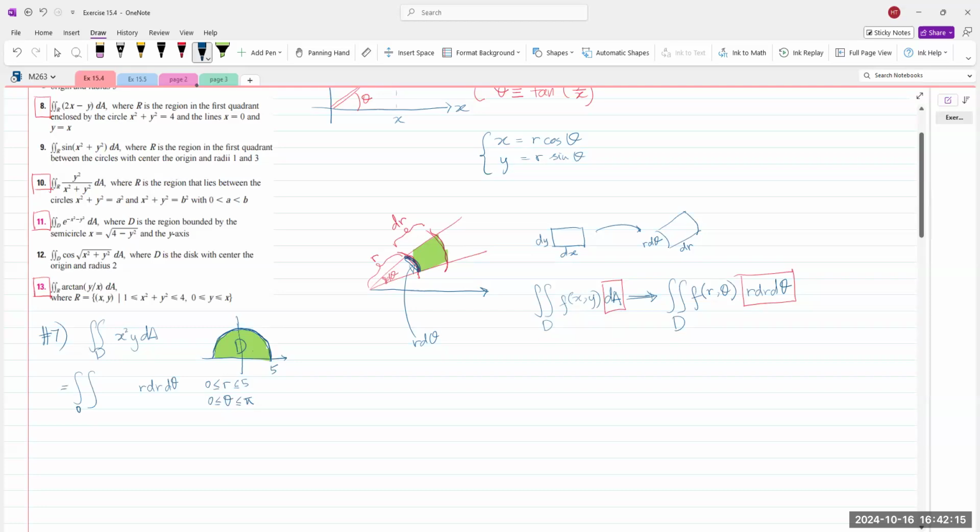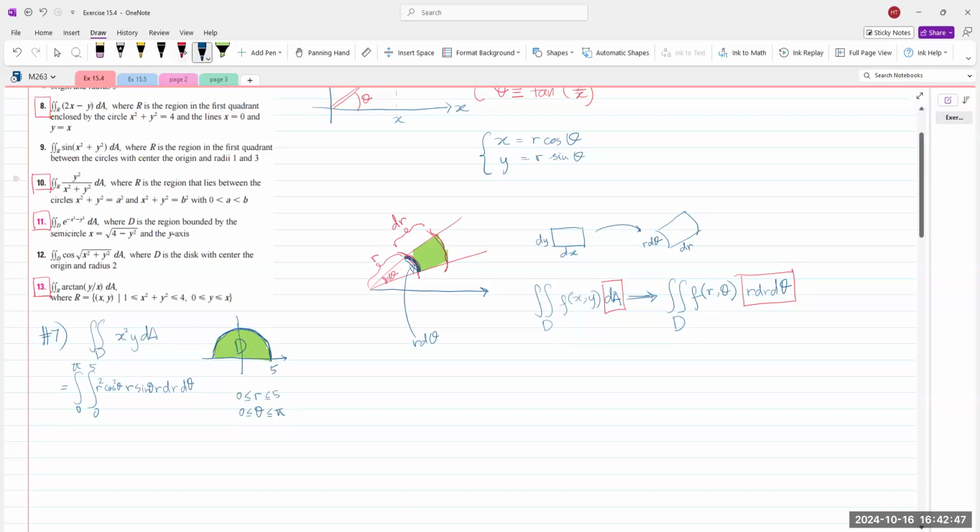Theta is from 0 to pi, r will be from 0 to 5, and x squared becomes r squared cosine squared theta, while y becomes r sine theta.